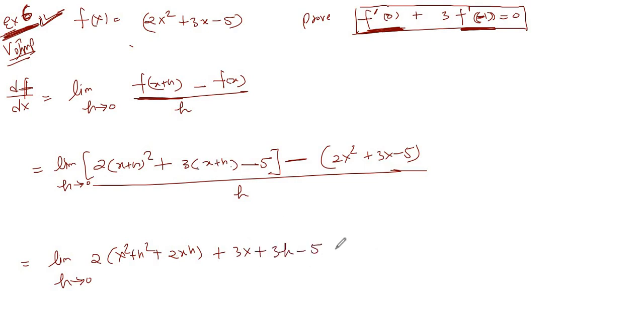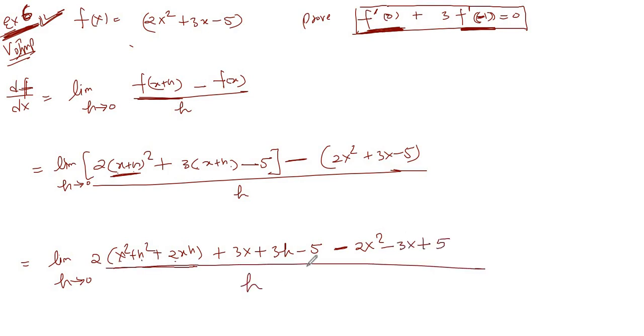Correct? Here you know what I did, a squared plus b squared plus 2ab. Now I am opening this: minus 2x squared minus 3x plus 5, by h. See it carefully, I am just simplifying it.